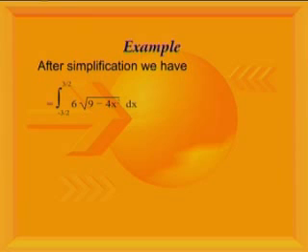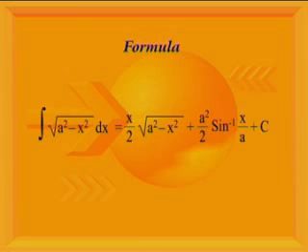Now we will integrate this with respect to x. This is of the form the integration of square root of a square minus x square with respect to x. And we know that is equal to x into square root of a square minus x square divided by 2 plus a square over 2 into sine inverse of x over a.